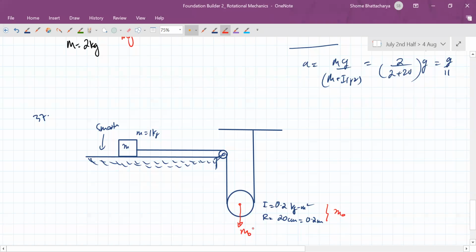So the weight is pulling it down. So that causes this to have a tendency to slip because of the tension. But also because the thread cannot slip on the surface, as this is going down, it's also rotating like this. Its center of mass is going down, and at the same time, about the center of mass, there is rotation happening.